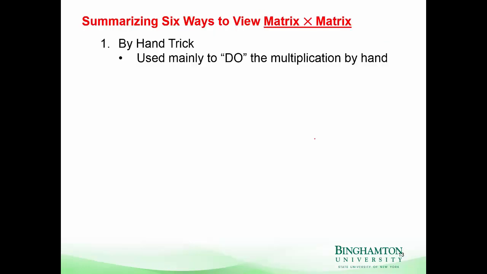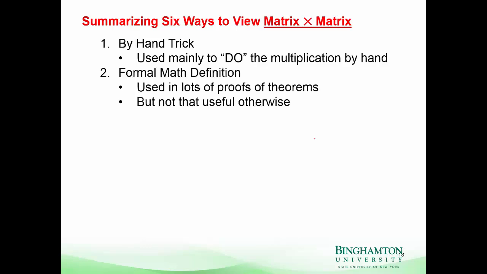So let's summarize these 6 ways that we have talked about for viewing matrix times matrix. If you just want to do matrix times matrix, you just do the by hand trick. Then we have the formal math definition, which is just a math notation way of writing out the by hand trick.